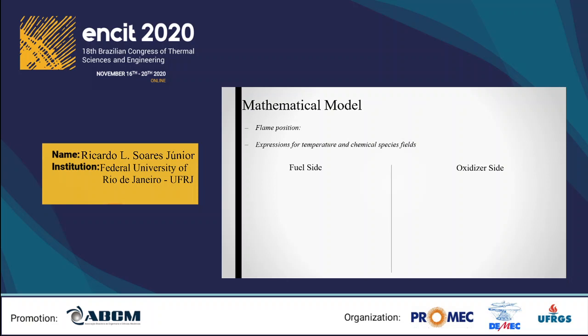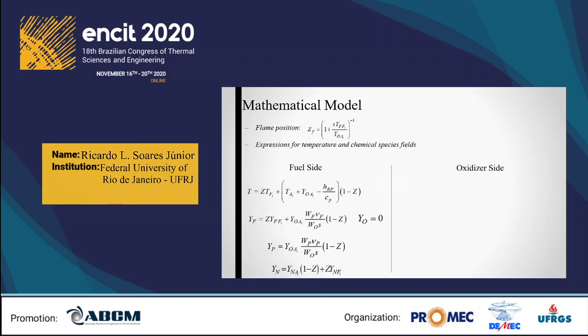Denoting the variables at the flame surface with the subscript f, it can be shown that the mixture fraction at the flame can be given by the following equation. With the formulation for the mixture fraction, it is possible to obtain the temperature profile and the mass fraction of the chemical species from the solutions of the governing equations on the fuel side of the flame and the oxidizer side of the flame.